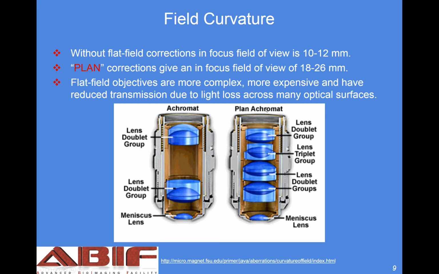Basically, optical elements are added to the lens in order to correct for the focal plane being curved, making the focal plane an actual plane over fairly large distances, like 18 to 25 millimeters. And pretty much with modern microscopes, there's not many applications where you wouldn't want to have a plan lens. So I would recommend to always get a plan achromat and not an achromat lens.